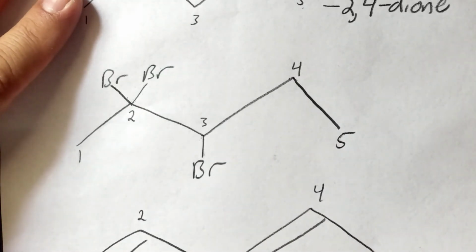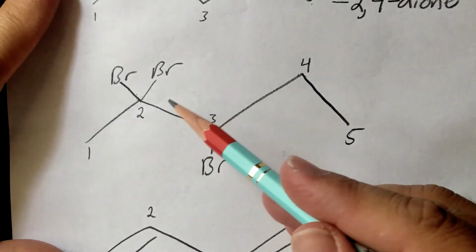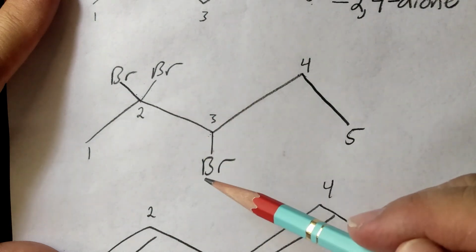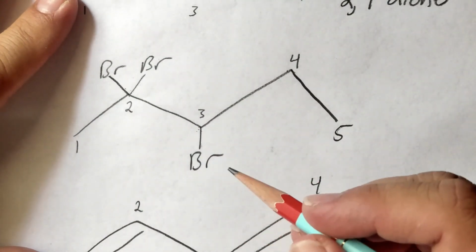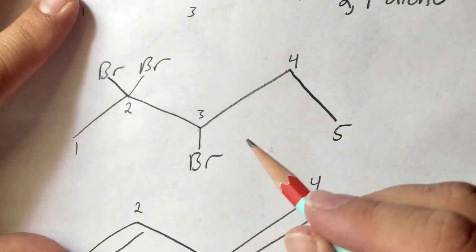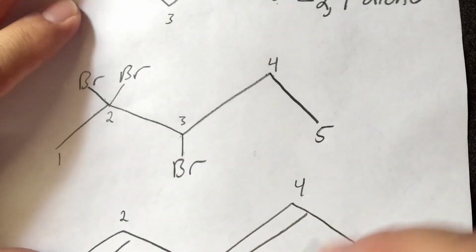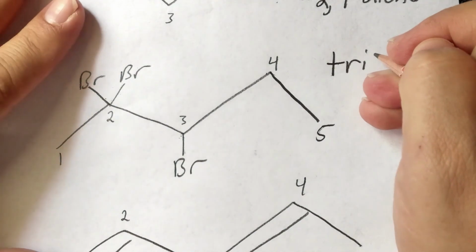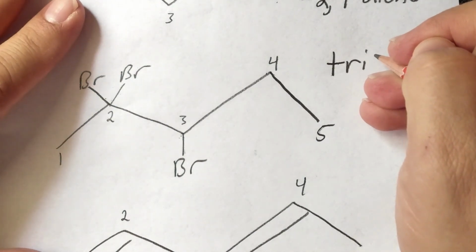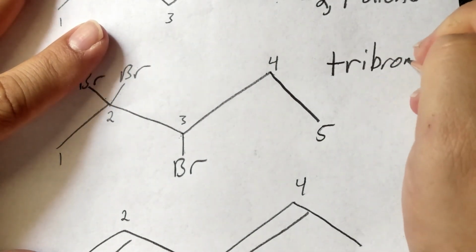So now this one is a molecule that just has substituents. I mentioned earlier in the video that the halogens are never going to be a suffix. They're not a priority functional group ever, and so they will always be treated as substituents. There are 3 bromines in this molecule, so it becomes tri, and then the halogens always go from being their element name, bromine, to being bromo, and so it becomes tribromo.